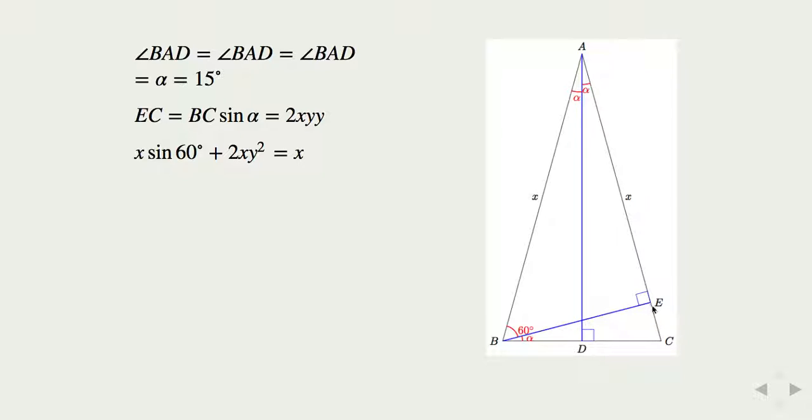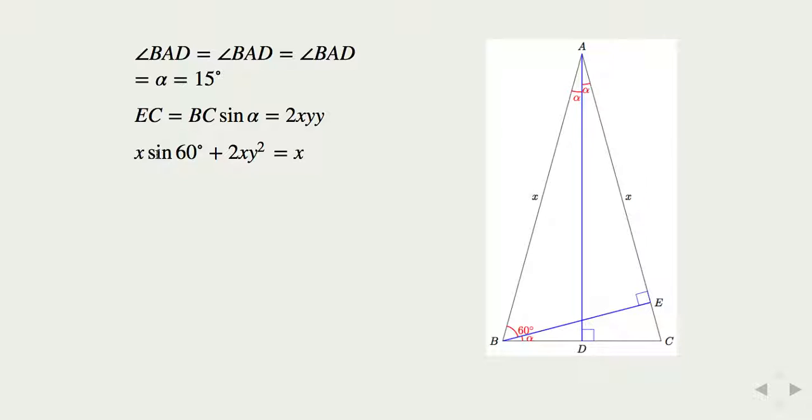But notice that CE plus AE is going to equal x, because segment AC equals the sum of AE plus EC, where AE, from the earlier result, is equal to x times sine 60 degrees, plus the EC we figured out earlier, and they equal x. So with this equation, you can cancel x.